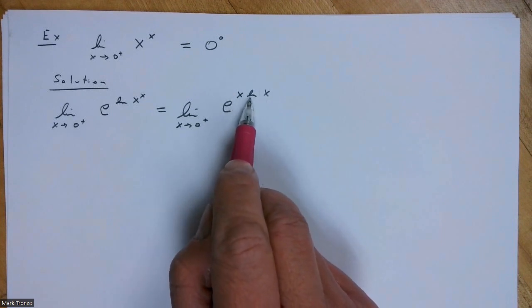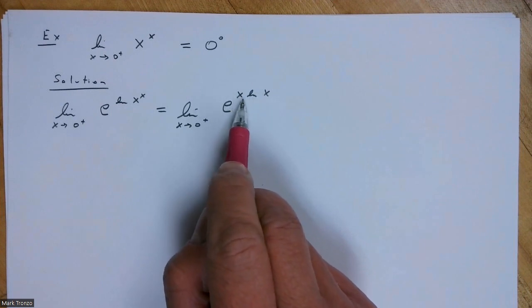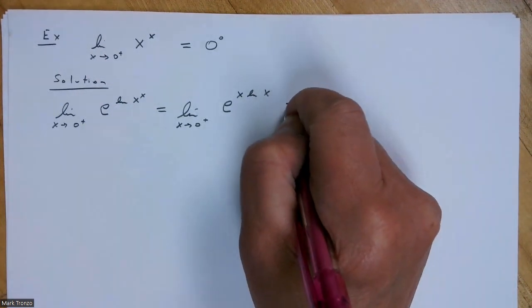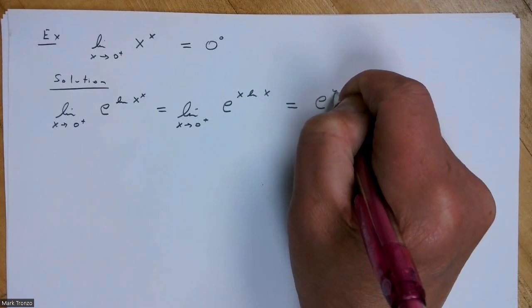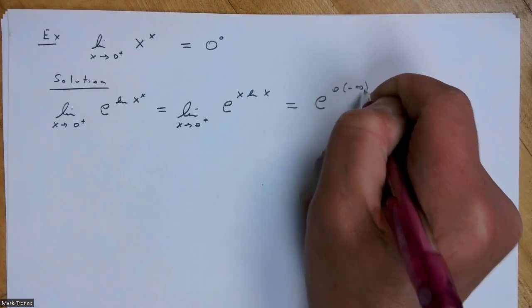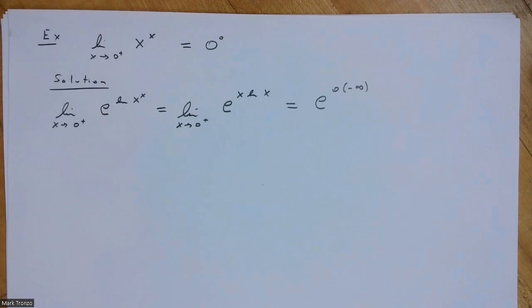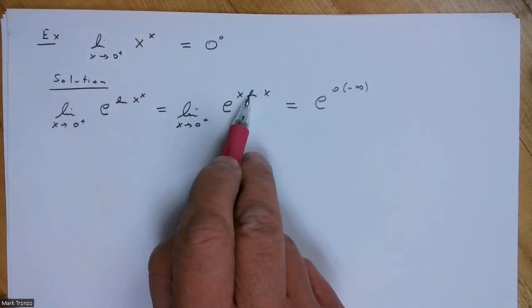Because here, this is going to go to negative infinity, and this is going to go to 0. So here we're going to have 0 times negative infinity. So we're probably going to have to look just at this exponent here.